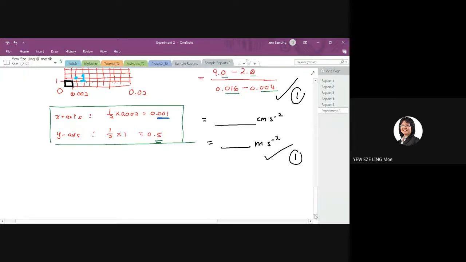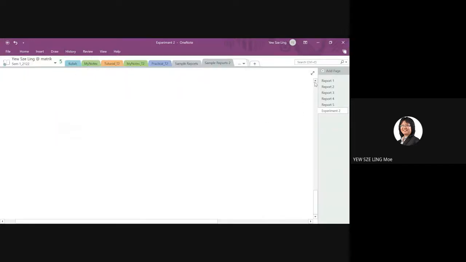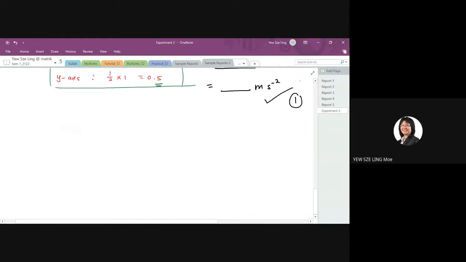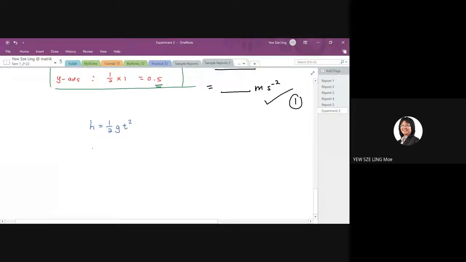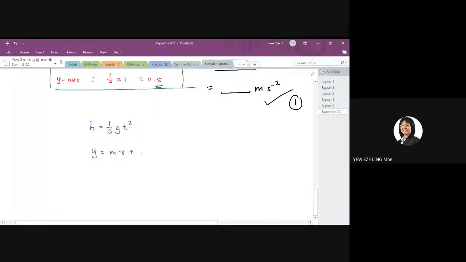Alright, now let us see how we are going to do the calculations. After you get the gradient, we have to go back to the original equation, which is h equals 1 over 2 gt squared. We always compare this with y equals mx plus c.